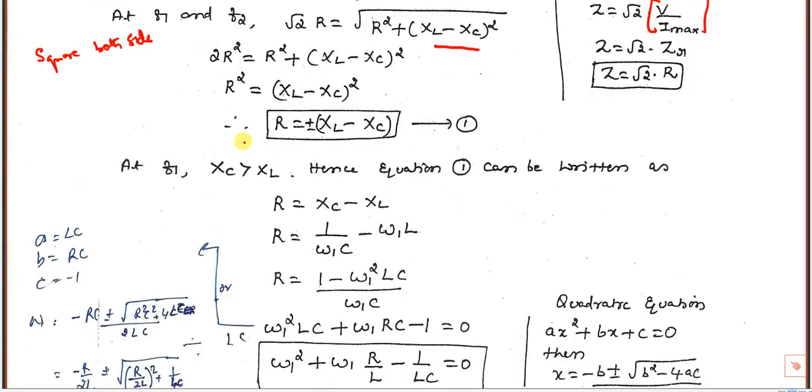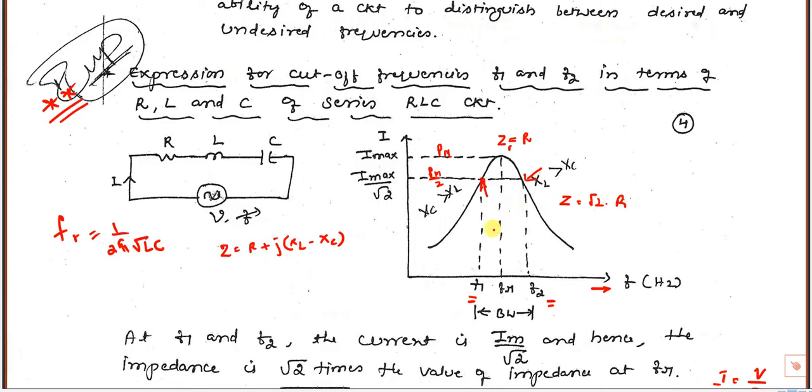Now consider at f1. Here we have omega L and omega C. This is omega L, this is 1 over omega C, and omega means 2 pi f.